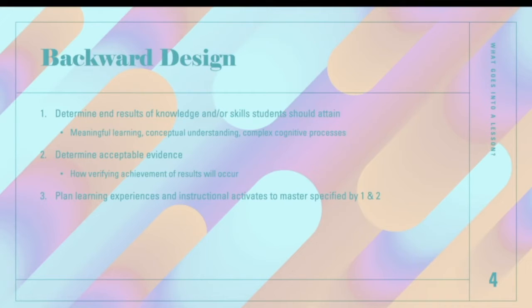And then after you've determined that, you decide what methods you're going to use to get there. So that would be like your instructional strategies and things like that. And then finally, you plan individual learning experiences and activities that build towards the things that you specified in the past.